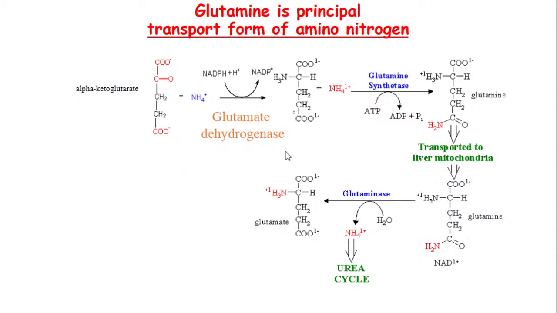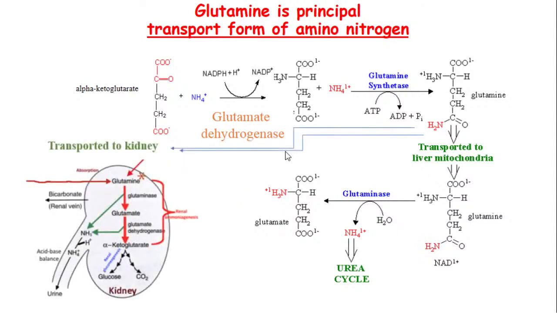From another point of view, glutamine can also be transported by blood to the kidney, where it will be substrate for kidney glutaminase, and this is renal ammonia genesis.